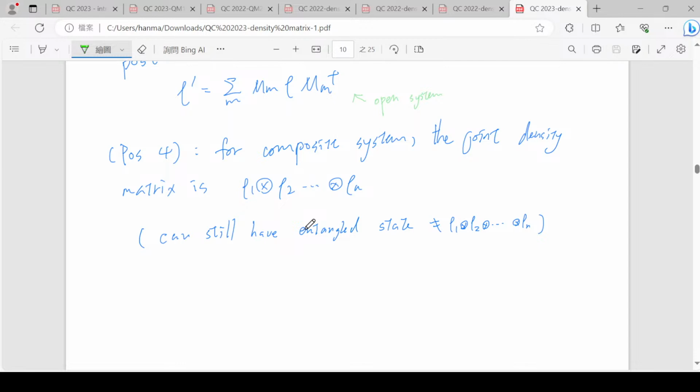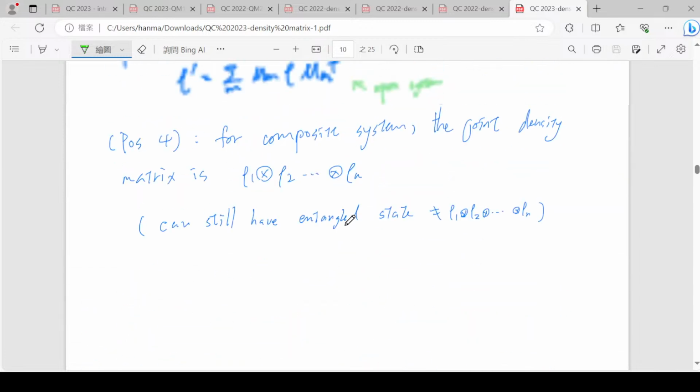And you still have entanglement. Entanglement for density matrices is a bit more complicated, but for now we just say an entangled state is a state that doesn't equal rho 1 tensor rho 2 tensor rho n, a system that cannot be written this way. But it's quite complicated, so we don't go into details.